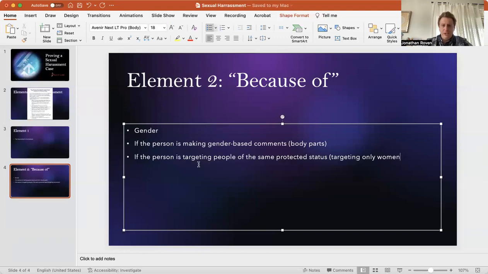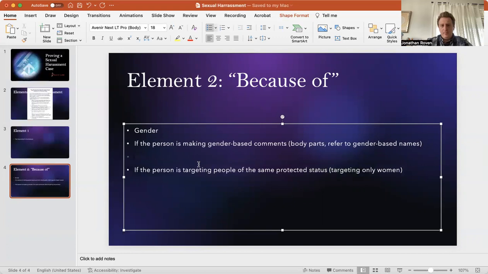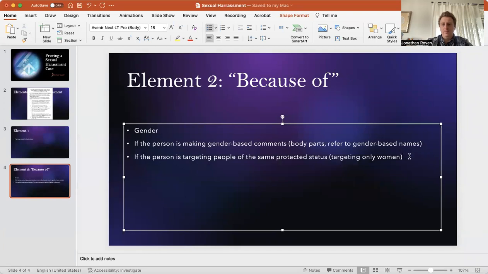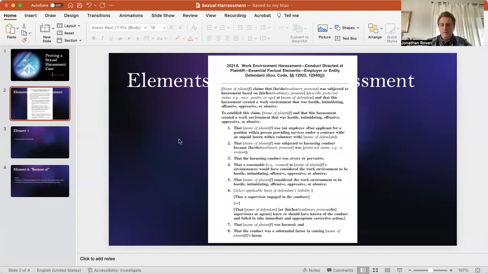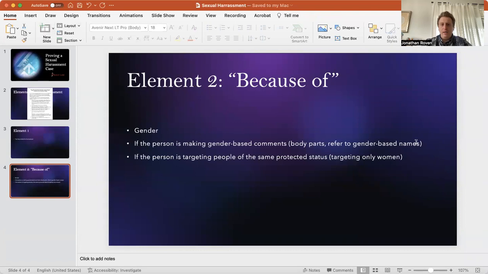In terms of making gender-based comments, they can also refer to gender-based names. There are certain words that would be used to refer to a woman, and they can be extremely profane names. We can get into more detail later on as to what kind of names those are and what qualifies. Those are ways to show that it was based on gender.